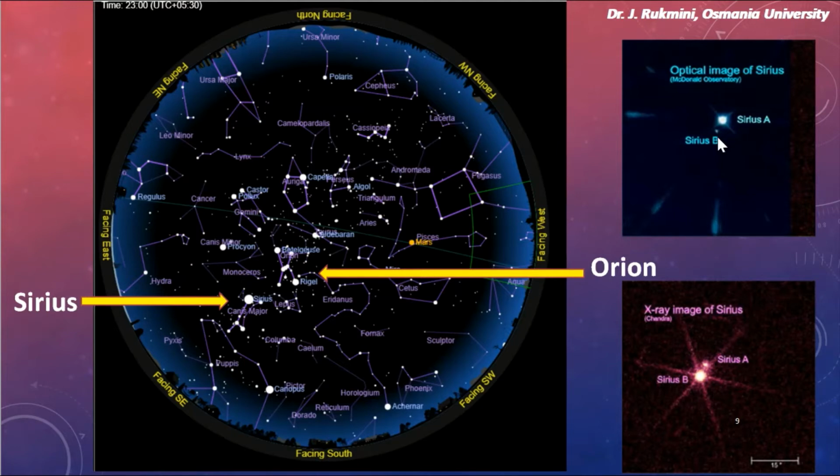One specialty of this system is that the faint star, which is faint in the visual observation, is actually much brighter in the X-ray image. This is the image taken by the Chandra X-ray telescope, wherein you can see that compared to Sirius A, Sirius B looks much brighter.